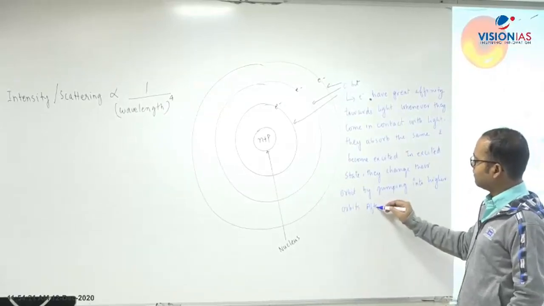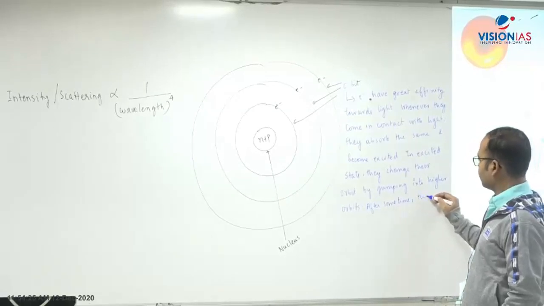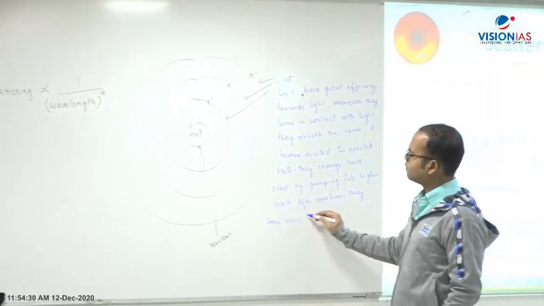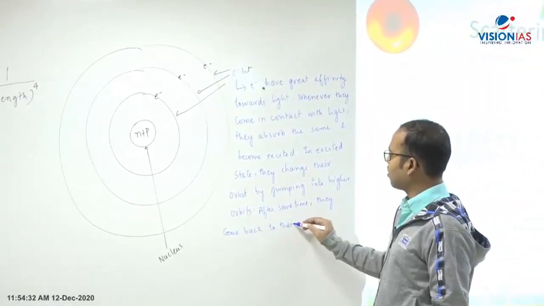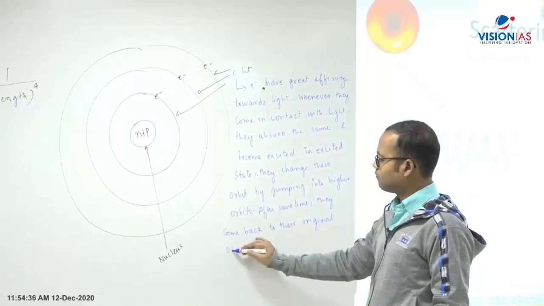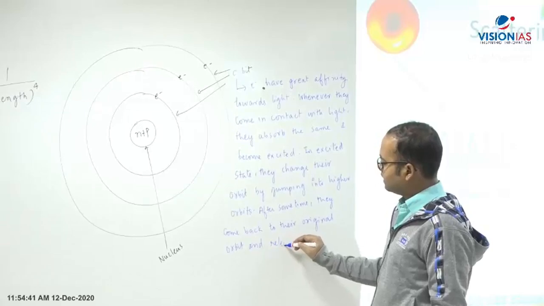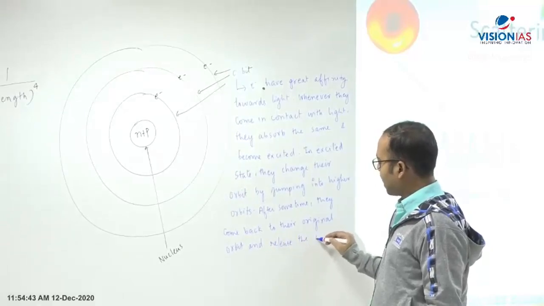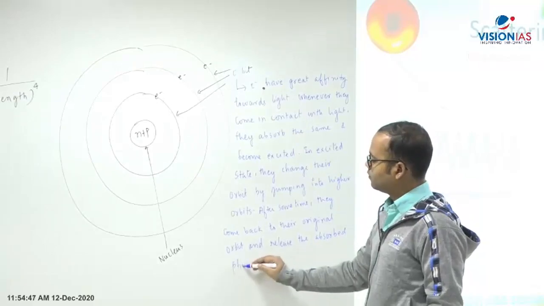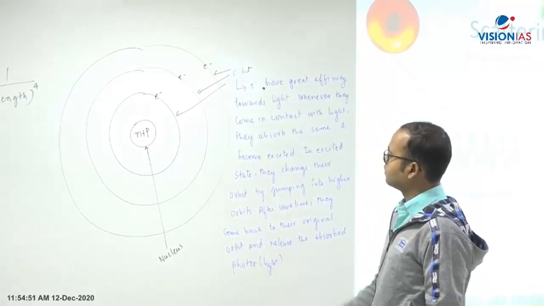After some time, they come back to their original orbit and release the absorbed photon. Photon means light. Okay?